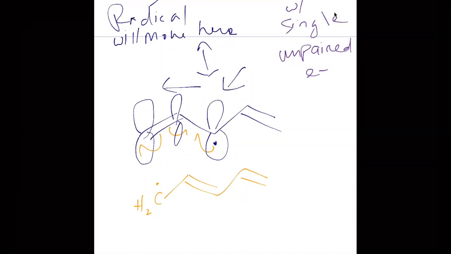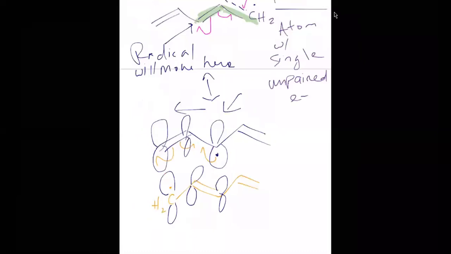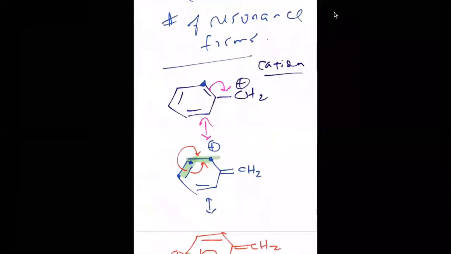So it will be the same thing down here, right? If those orbitals are not close enough to overlap, then you can't share electrons. That's for any resonance, whether it's an anion, a cation, it doesn't matter. All of these structures are going to have p orbital overlap. Let me go back up top.